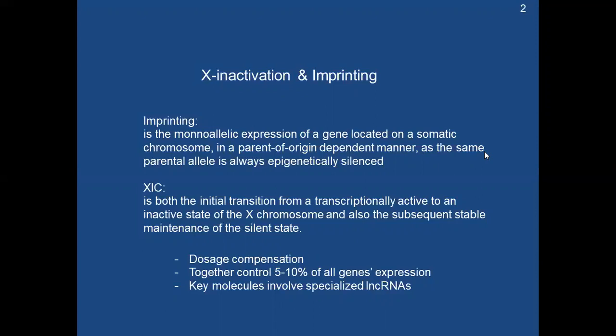One is the initial transition from an active to an inactive chromosome, and the second one is the maintenance of the inactive chromosome. These are slightly different mechanisms, and therefore it says here the X chromosome inactivation pertains to both of these.